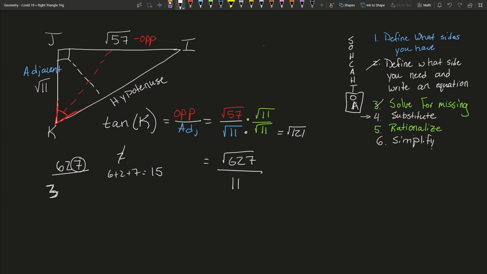Okay, so if you add up all the digits and that total is divisible by 3, then the entire thing is divisible by 3. Okay, so if we divide 627 divided by 3, we get 209. And that doesn't really leave us anywhere.